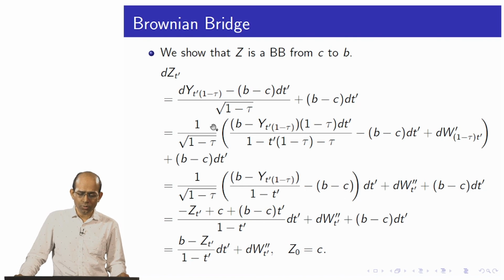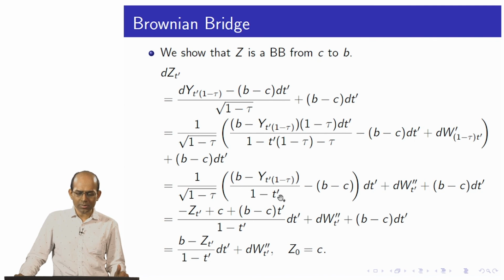Okay, and from here what we are going to get is b minus y at t prime 1 minus tau. See, here a very nice thing has happened, because 1 minus tau and here minus t prime 1 minus tau, so I can take 1 minus tau common. If I take 1 minus tau common, then it will be 1 minus tau into 1 minus t prime.